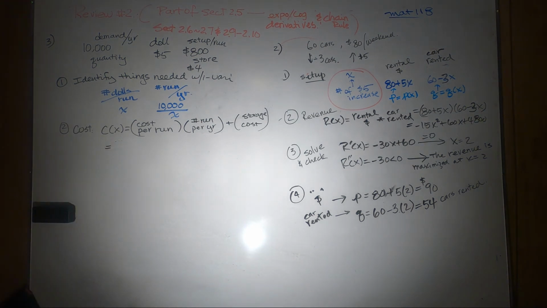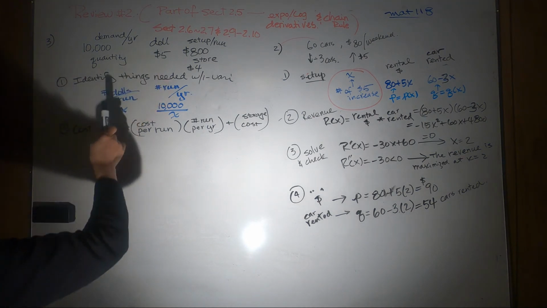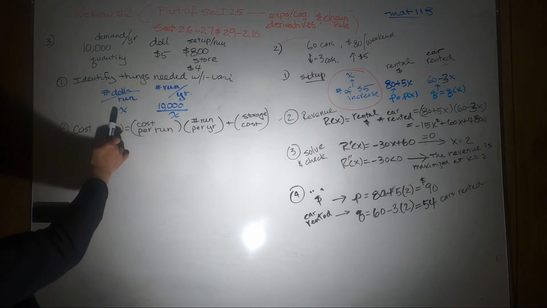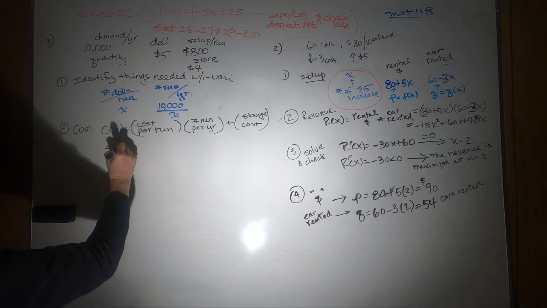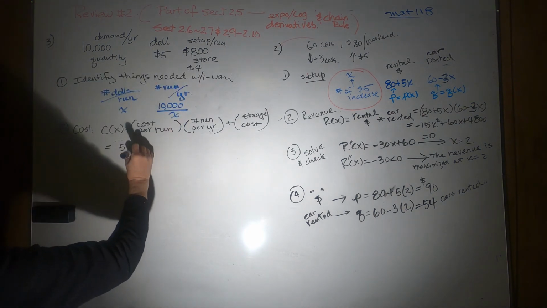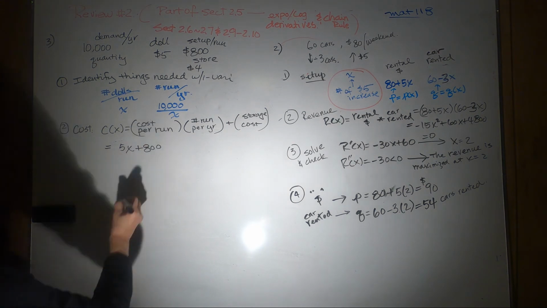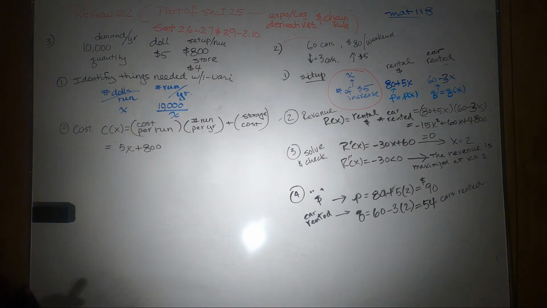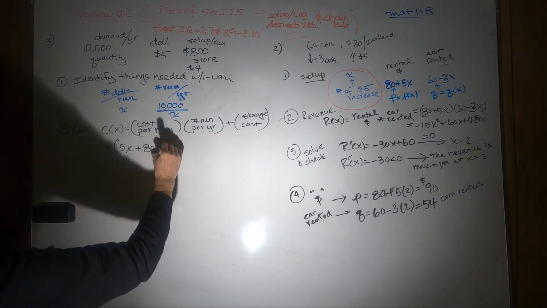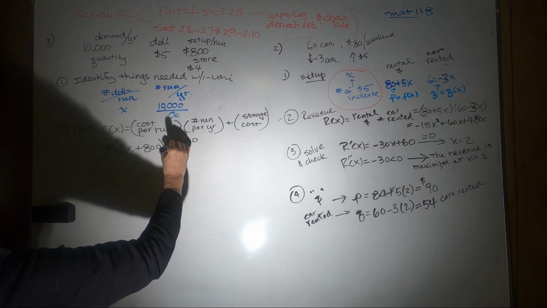Then what's the cost per run? For the dolls, each one is $5. If you produce X, that will cost you 5x, plus the fixed cost to set up. Then times how many runs per year.